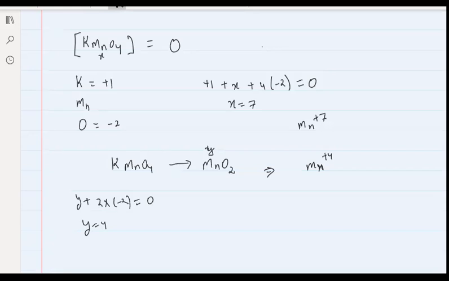So it is reduction. Yes or no? Gain of electron. Now I hope all of you are getting how to identify, right? Let's see one more problem.